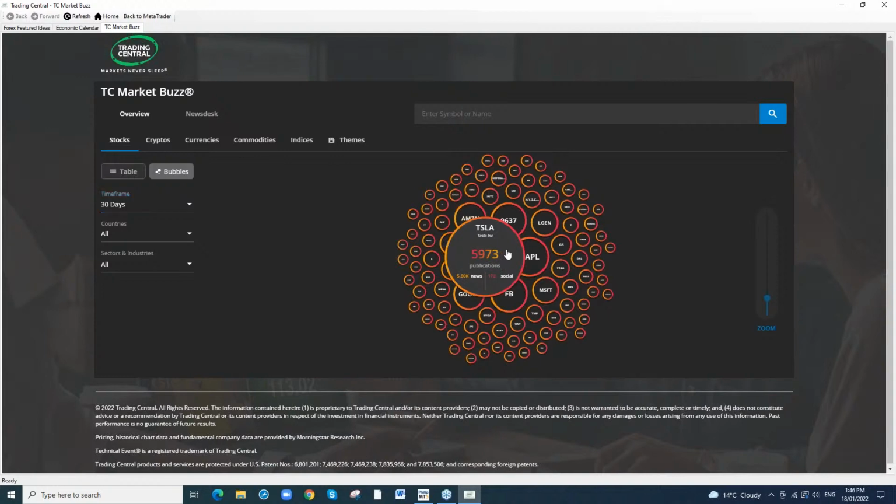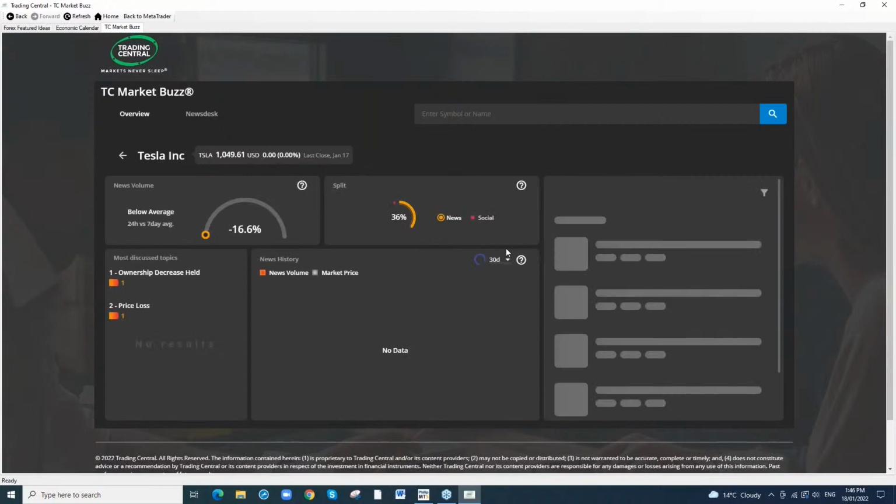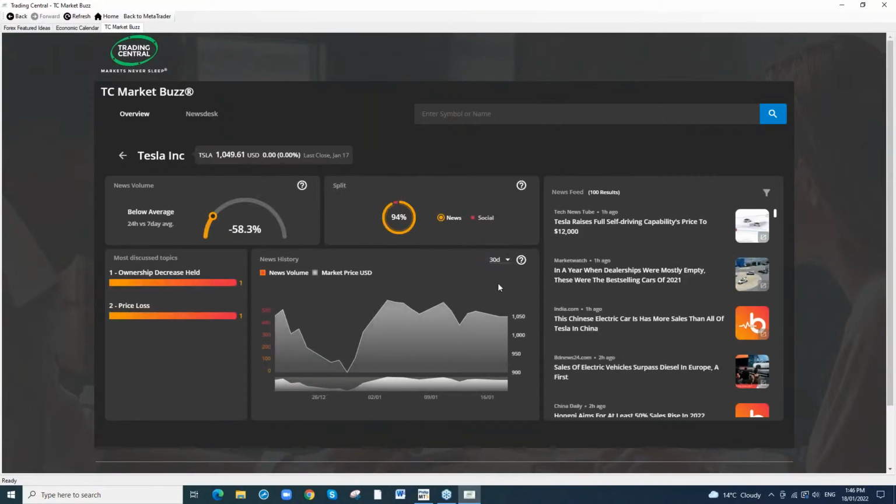If you click through the bubble, you will get to the asset overview, we call it dashboard. And here you get all the information that we analyze for you, because we know that right now you are getting a lot of news, and if you want to read the specific news, they are here for you on the right hand side.